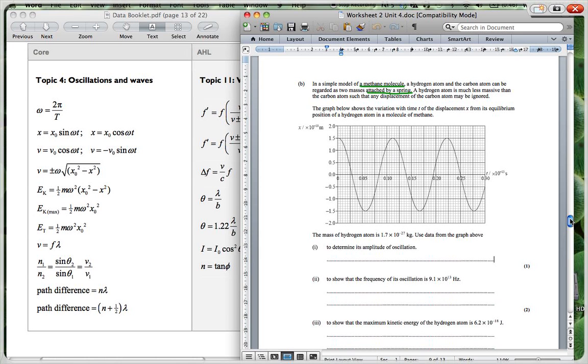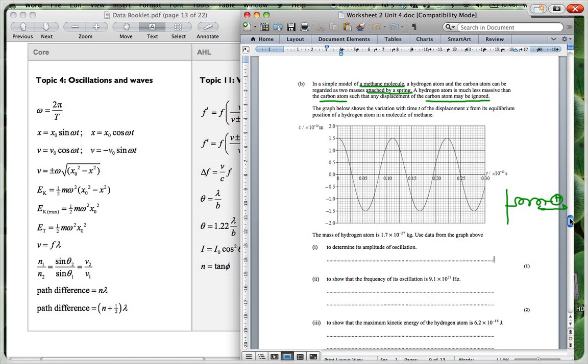A hydrogen atom is much less massive than a carbon atom, such that any displacement of the carbon atom can be ignored. So we're just imagining a situation like this, where you've got a spring attached to a hydrogen atom, and this atom is vibrating to and fro.